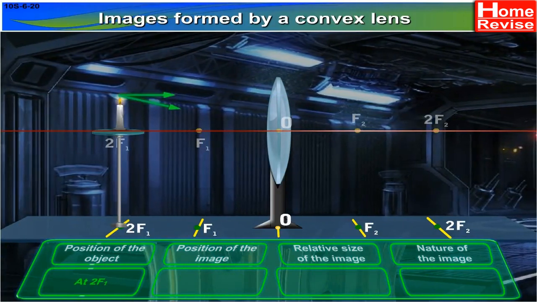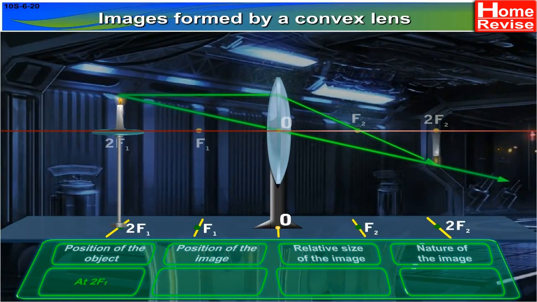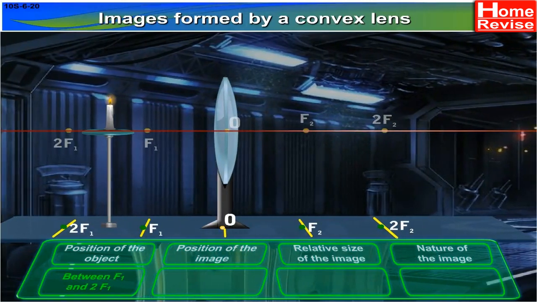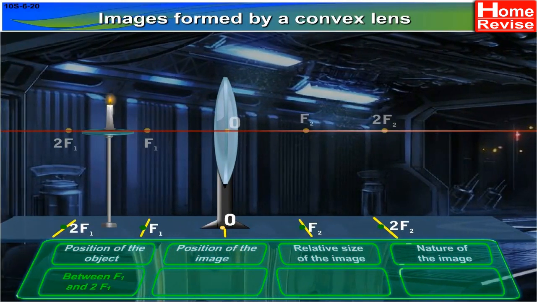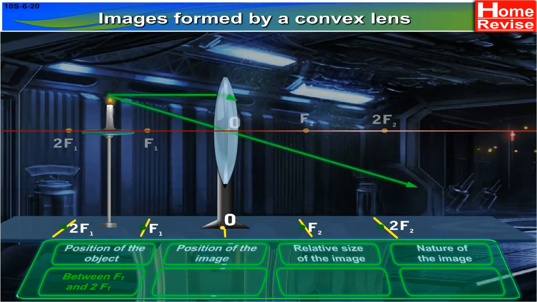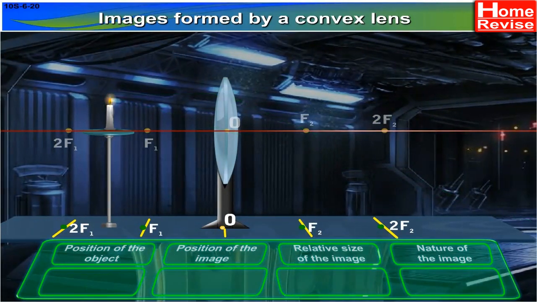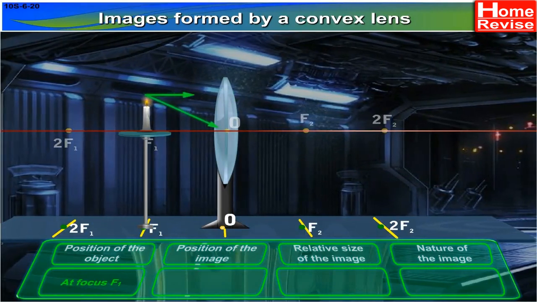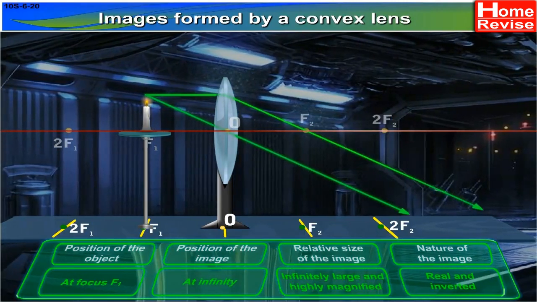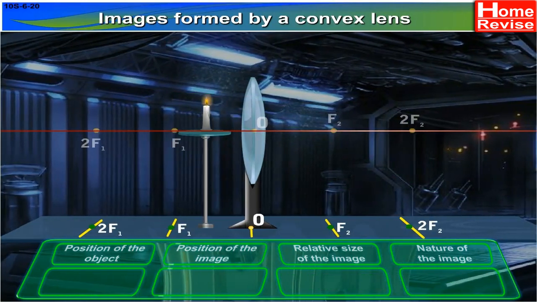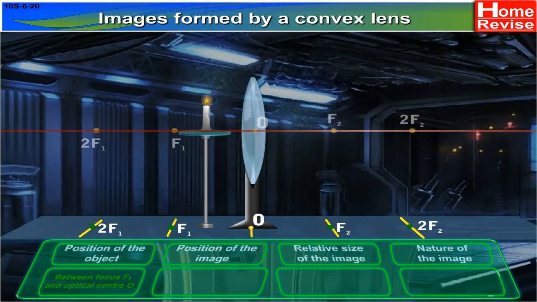At 2F1. 4. Between F1 and 2F1. 5. At F1. 6. Between F1 and O.